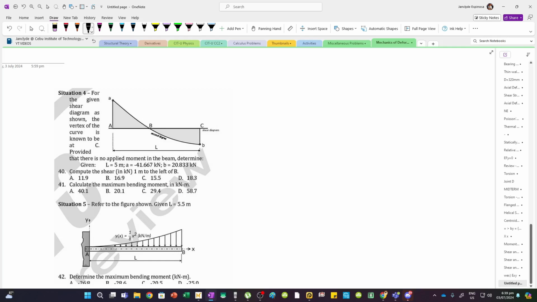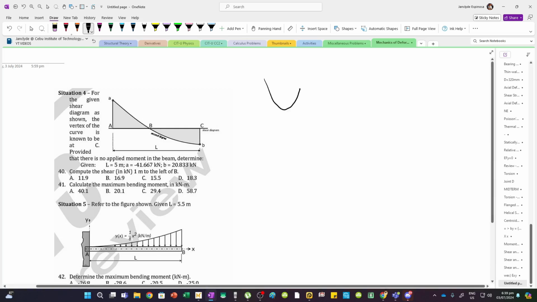Now, let's first discuss the concavity of curves. For the shear diagram, since we have y described in terms of x, we may have this curve or this curve, for which this is the minimum point and this is the maximum point. Here, since it's mentioned that the vertex of the curve is at C, this is the lowest point of the curve.